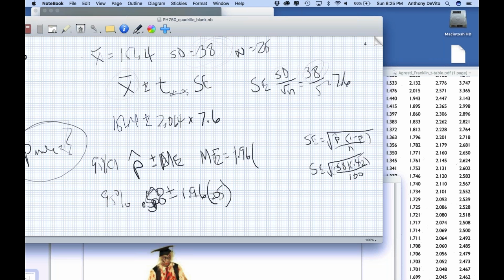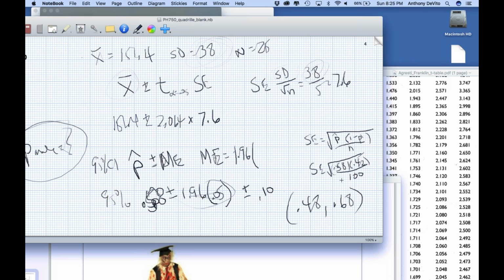Roughly, 2 times 5% is 10%. So our 95% confidence interval is 0.58 plus or minus 10%. Roughly, you could figure this out exactly. So that's going to be 0.48 to 0.68.